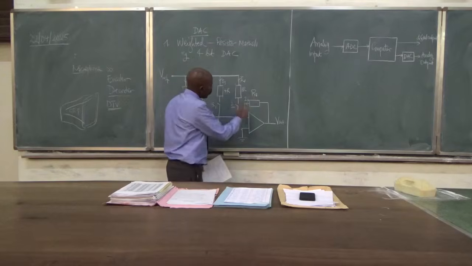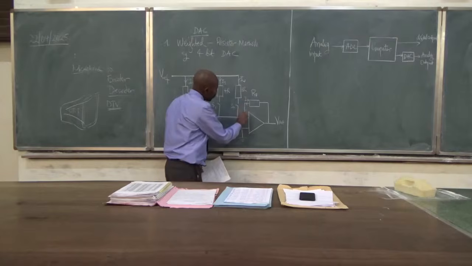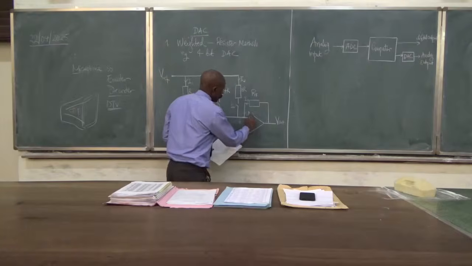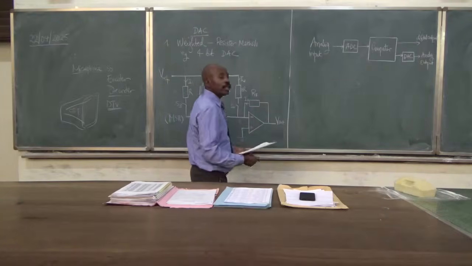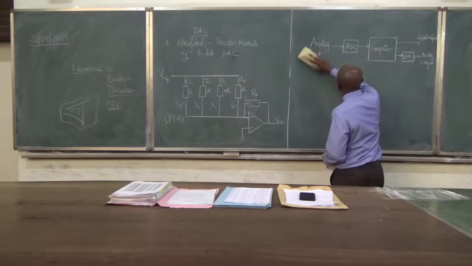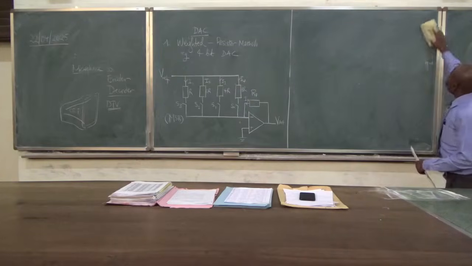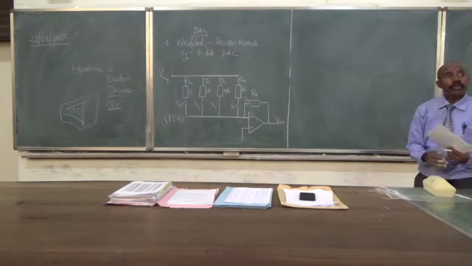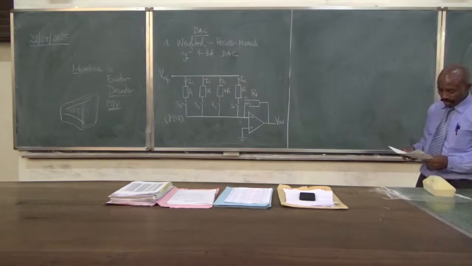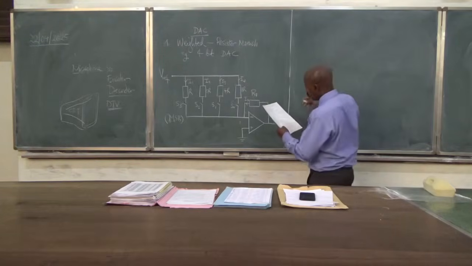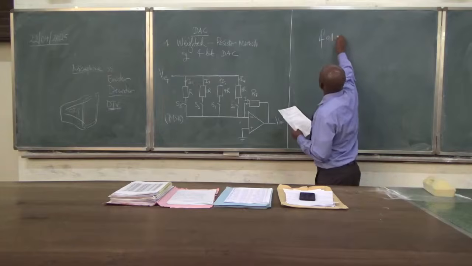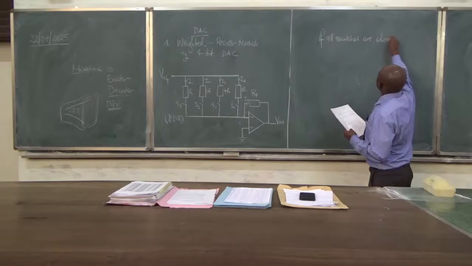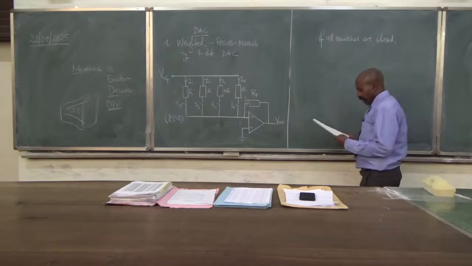If we follow the assumptions of the operational amplifier, we can't have everything going here, so I1 plus I2 plus I3 plus I4 plus IF equals 0. That's why we studied operational amplifiers, so we could use them here. So if all switches are closed, then we have I naught.